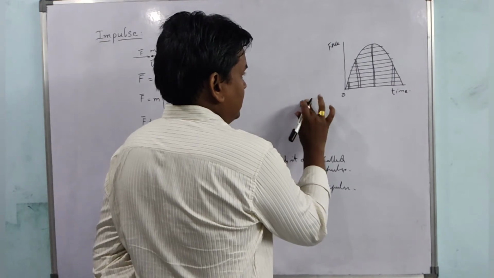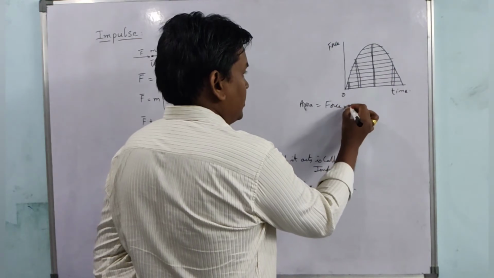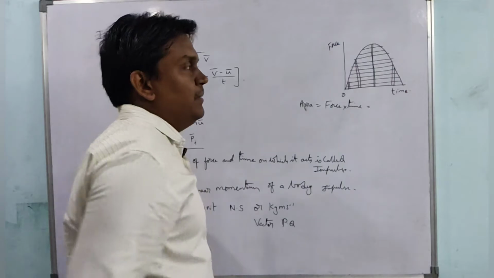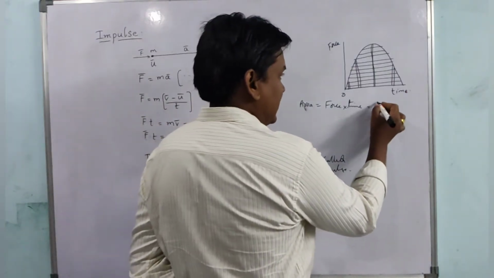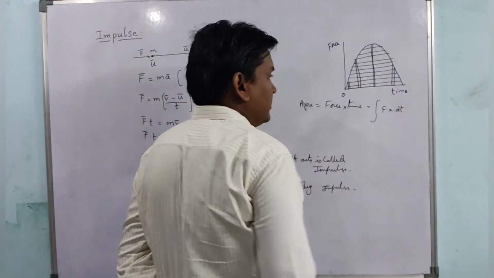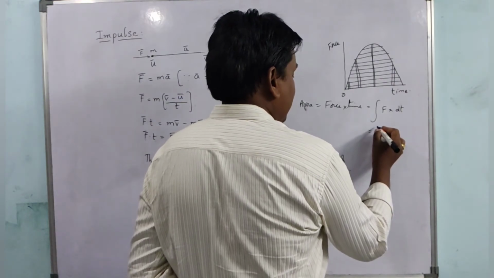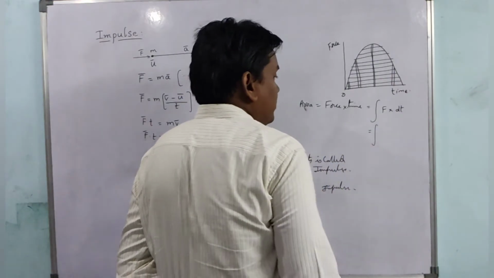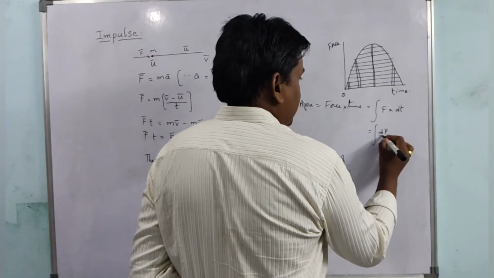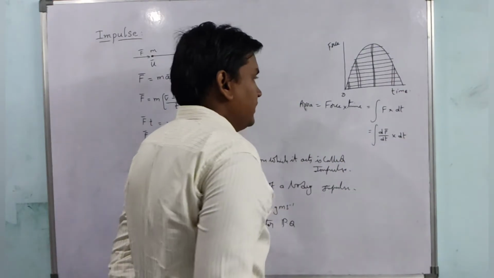So area is equal to force into time, and as this is the area, I am taking the integral of F dt. Already we know from Newton's second law of motion that force is nothing but change in momentum, so dp bar by dt into dt.